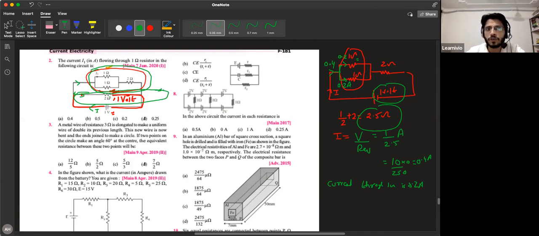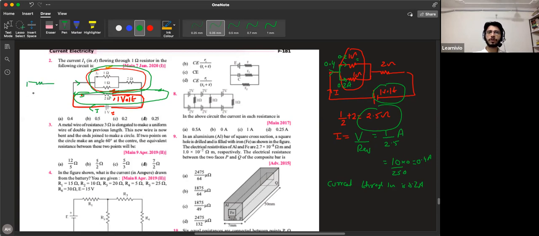See, this and this whole part are in parallel, right, Yashika? Yes, sir. If they are in parallel, that means they will have the same voltage drop. He's not asking anything about this 2 ohm resistor, so I'm not taking it. I'm taking this whole thing connected by the cell of 1 volt. Both will have a voltage drop of 1 volt.